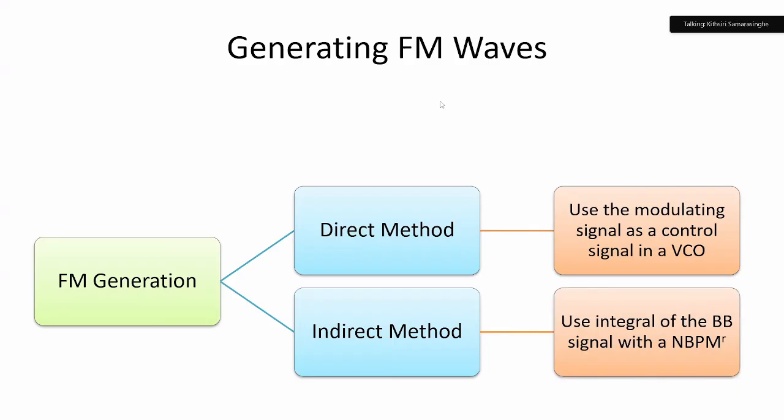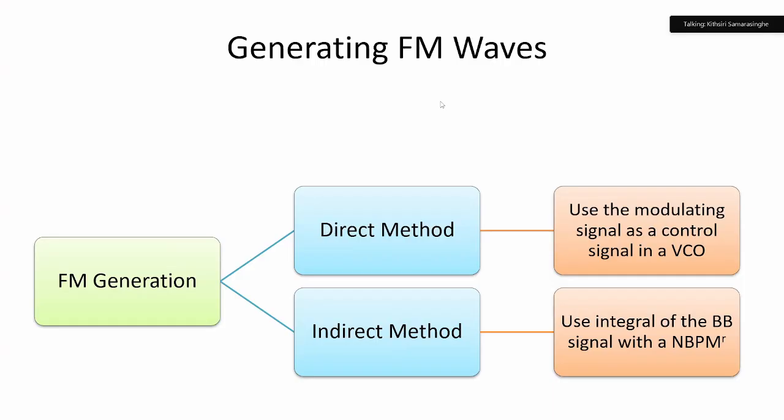In the indirect method, we learned that you take the signal, get the integral, that is pre-distortion, then apply it to the narrowband phase modulator circuit, you will get FM output. So both are available to generate FM.